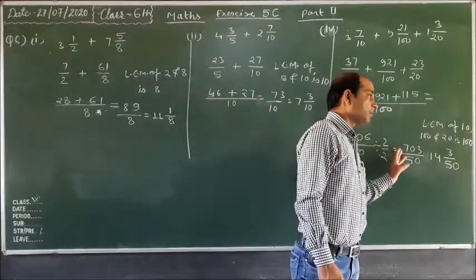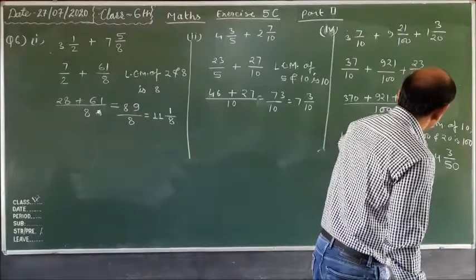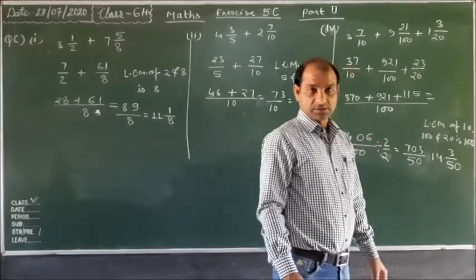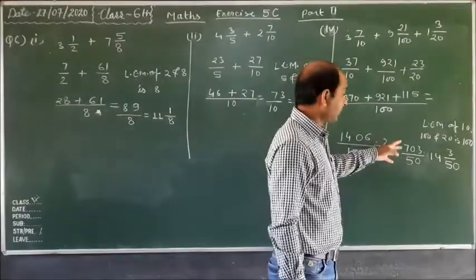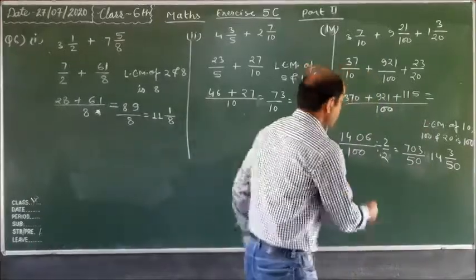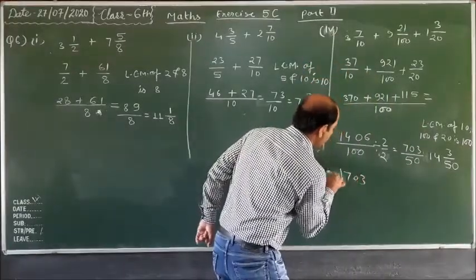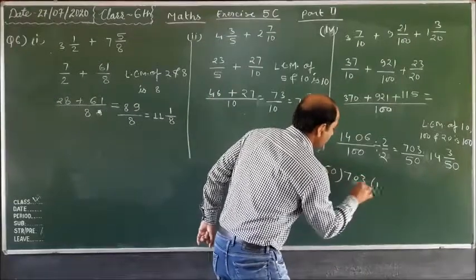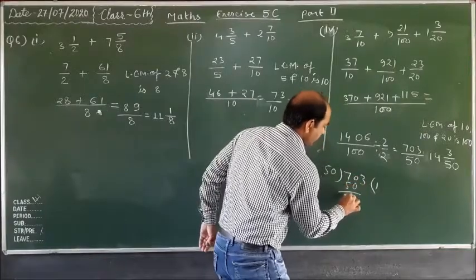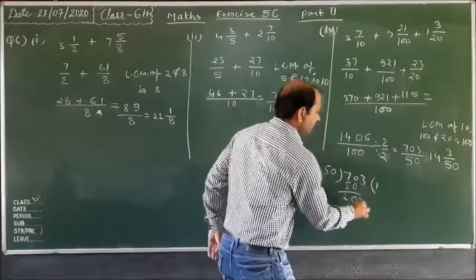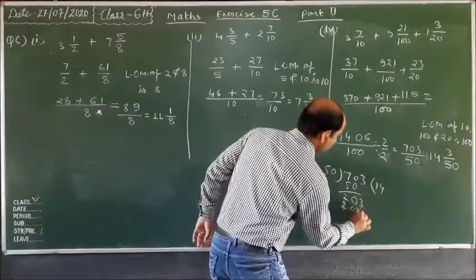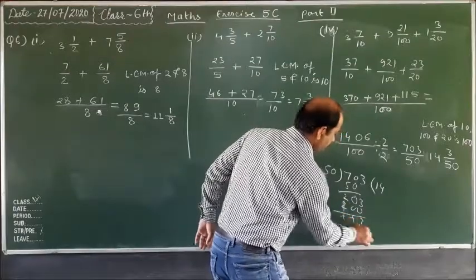This is the improper fraction, and we change the improper fraction into the mixed fraction. How do we change into the mixed fraction? One more time I tell you. 50 is the divisor. 7 minus 5 equals 2. 3 comes down here. Now 50 fours are 200. 3.